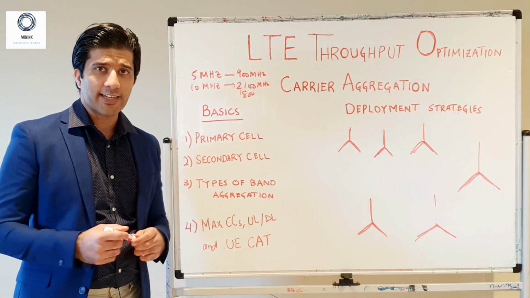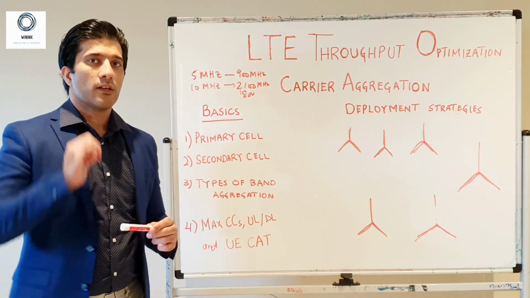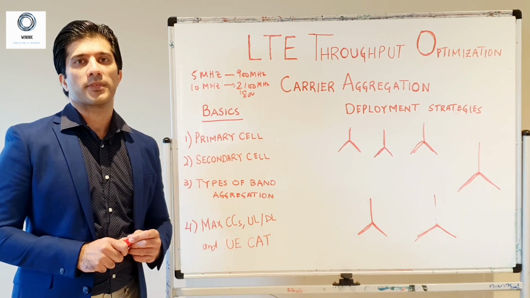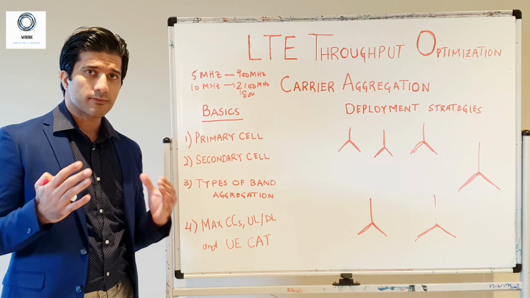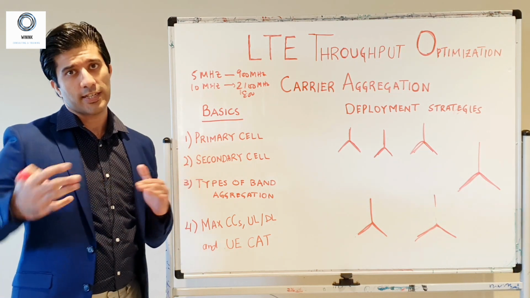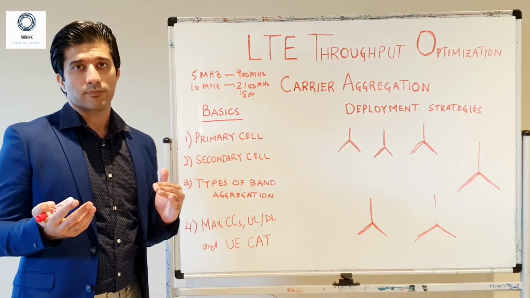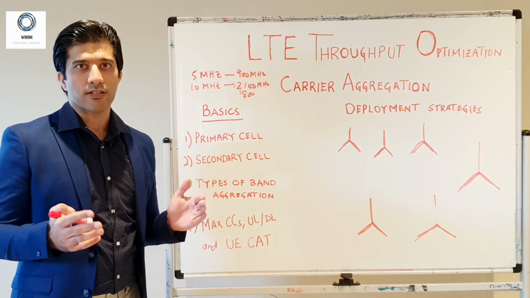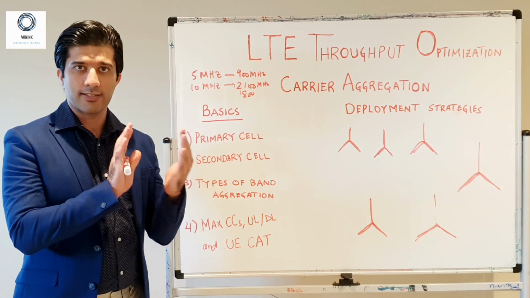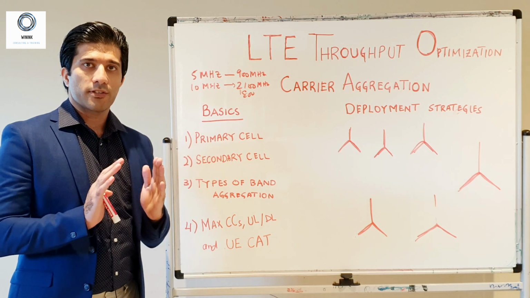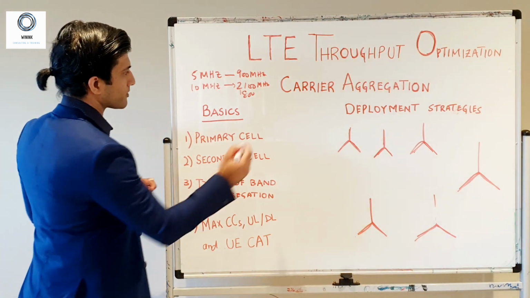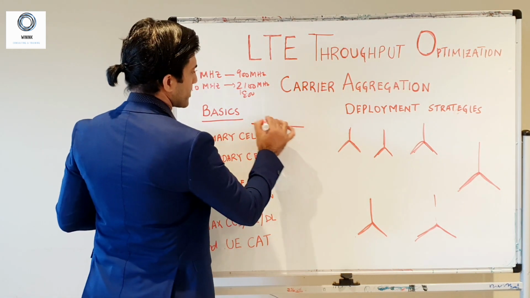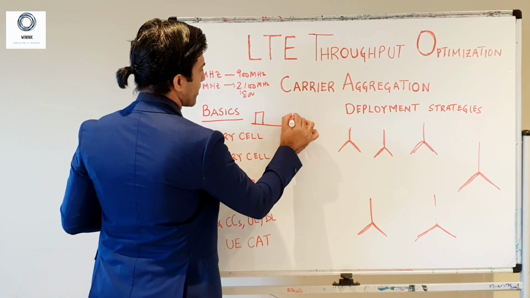In terms of aggregating the bands, we have different types. In LTE you have contiguous and non-contiguous bands. For example, the bands which are located close to each other, or the bands which are located separated from each other. For example, this is your frequency: one band is here and the other band is here.